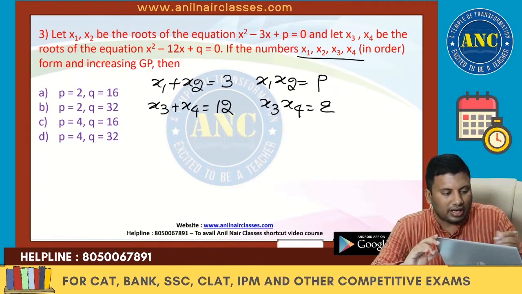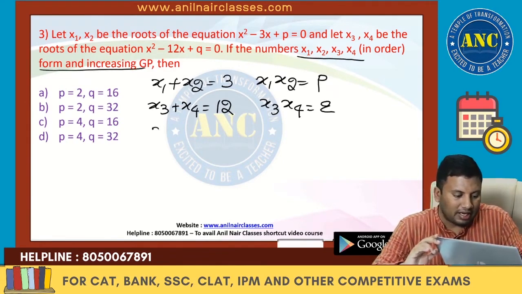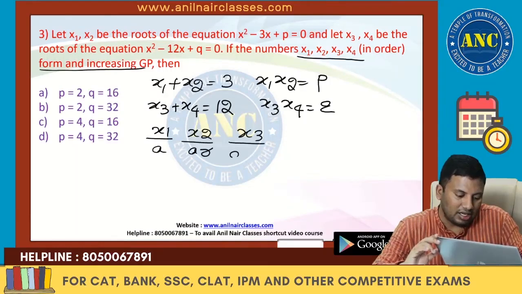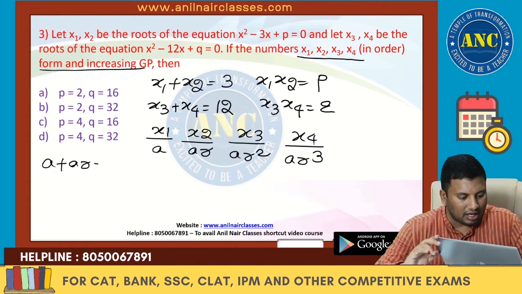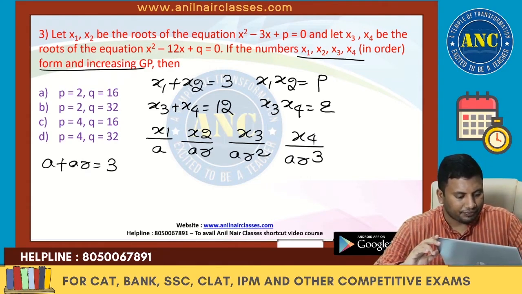x1, x2, x3, x4 form an increasing GP: x1 is a, x2 is ar, x3 is ar square, x4 is ar cube. That means x1 plus x2 equivalent to 3, a plus ar is nothing but 3.